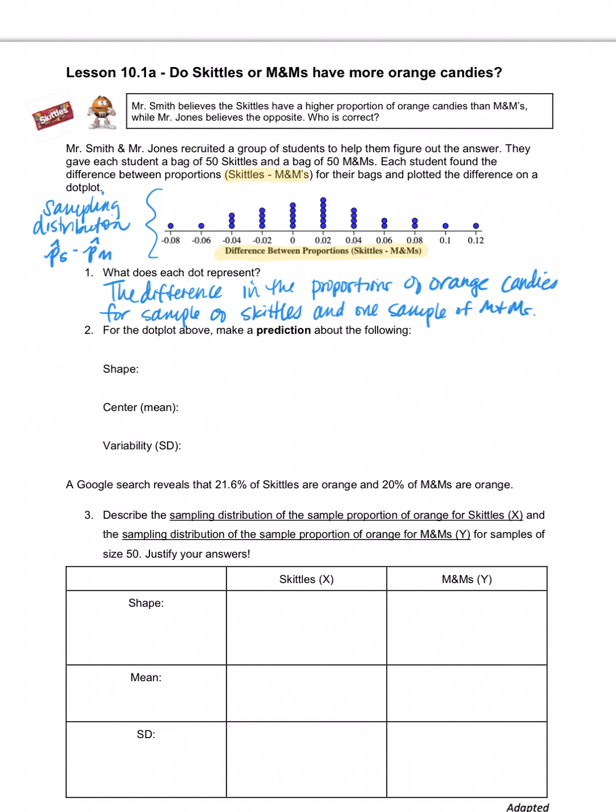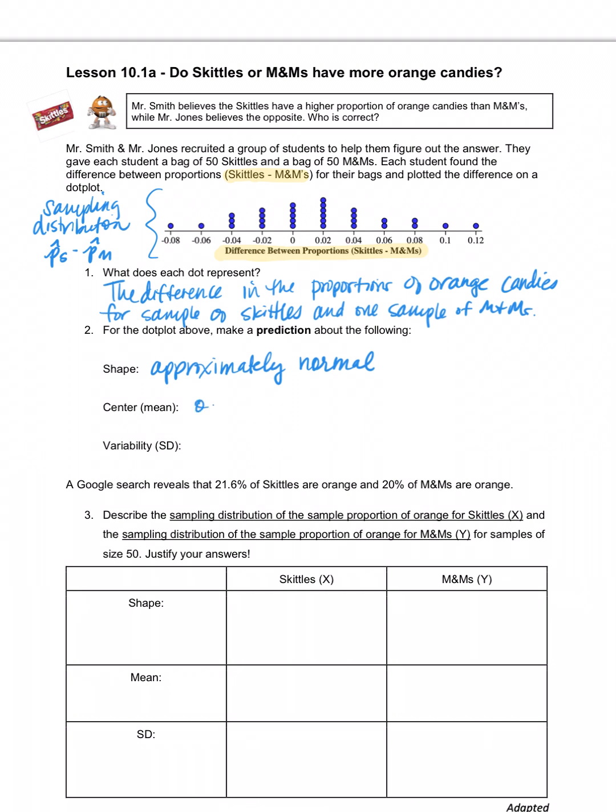All right, so from the dot plot, let's make a prediction about the following. On the shape, what do you think the shape looks like? Well, to me, it looks approximately normal based on this box plot. The center or the mean looks like it falls somewhere between 0 and 0.02.